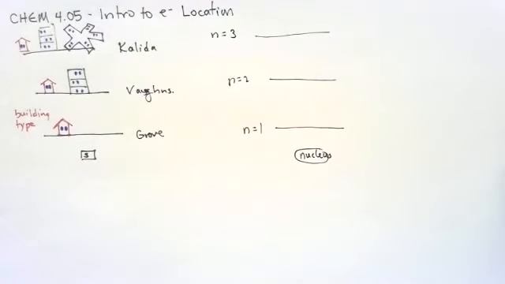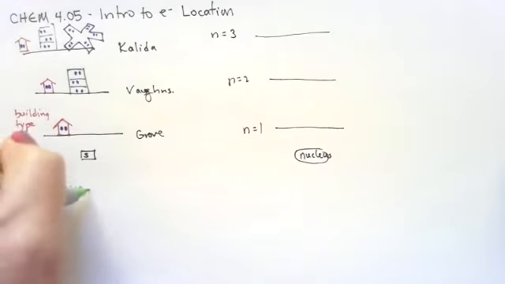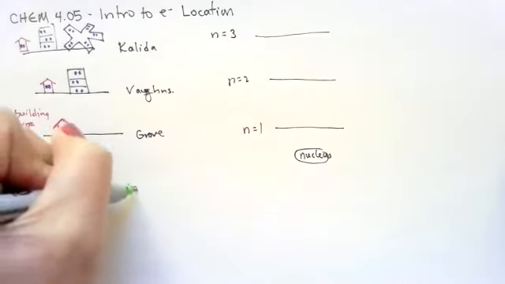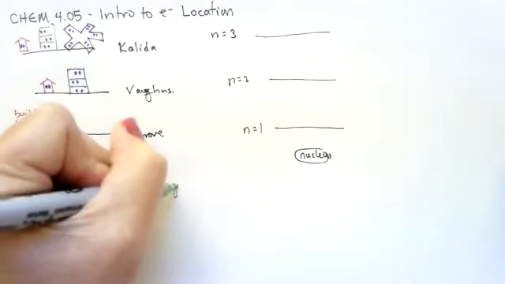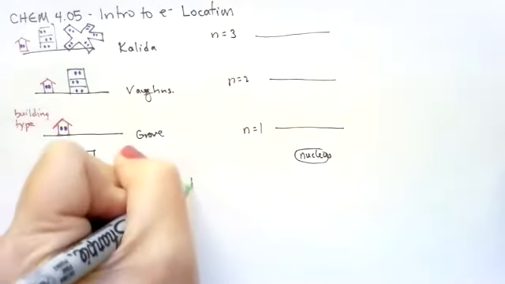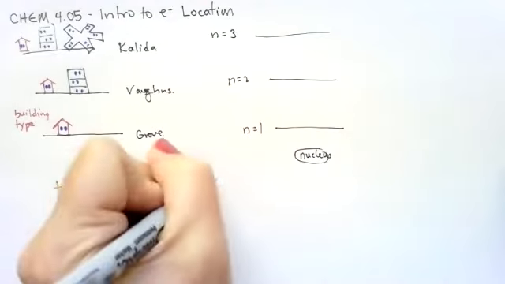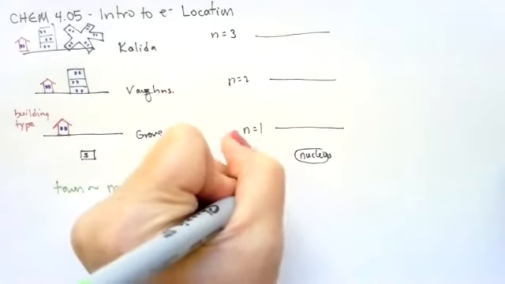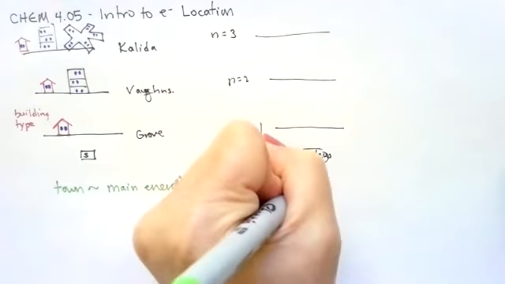In our analogy, our town is the same as our main energy level. The main energy level is the distance from the nucleus.